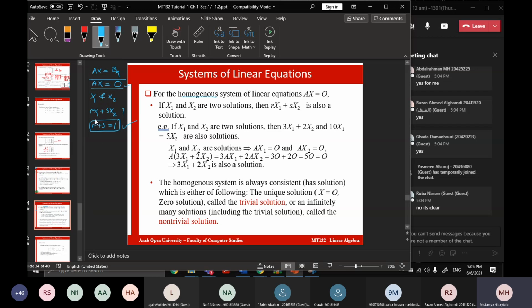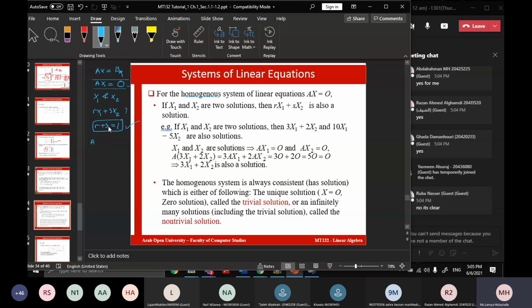So we will have the system A, I put this one to test if it is a solution or no, in the place of the X. So we will have A times R x1 plus S x2. Is it a solution or not? For it to be a solution it should equal what? Is it equal to 0 or no?